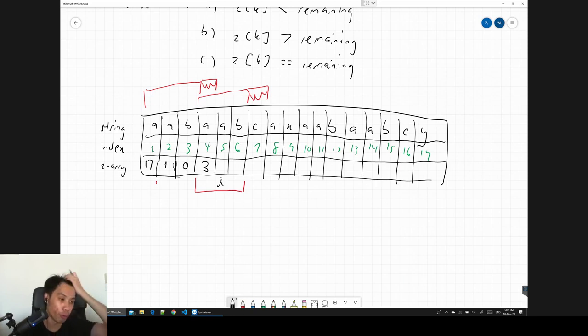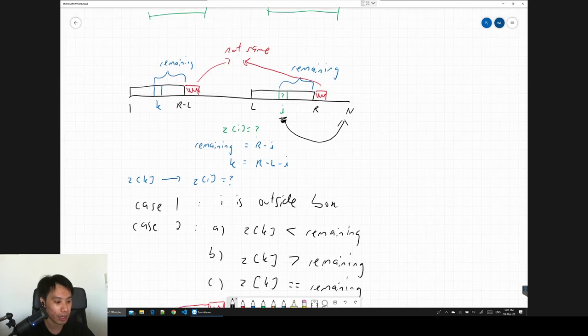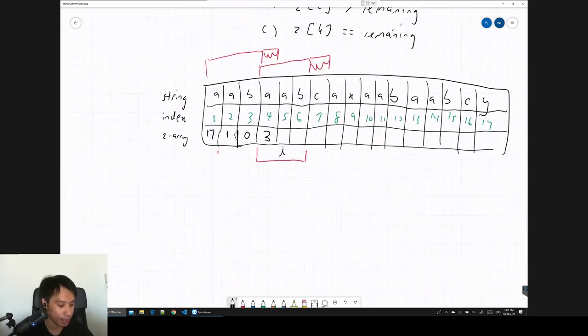Now, once we reach the situation here, we already have a Z box, and because we already have a Z box, we are going to be able to use some form of memorization, some form of dynamic programming. So if you look back at my previous visualization, if this is I, K will be here, right?